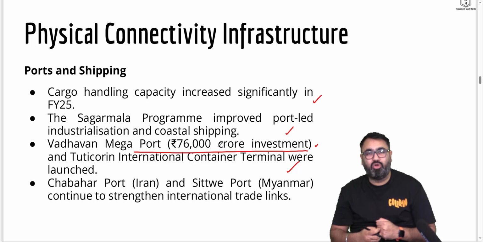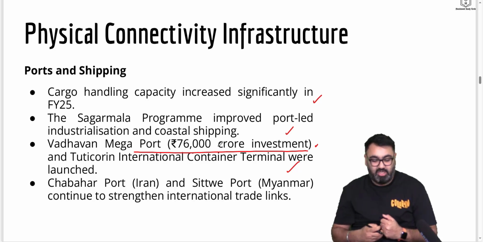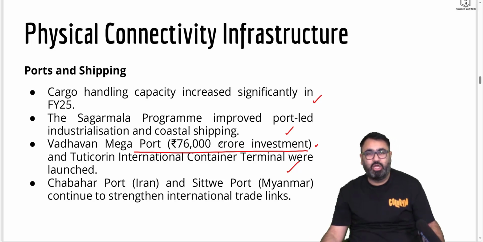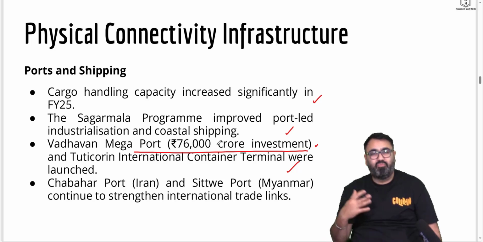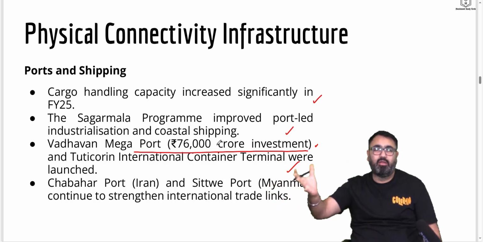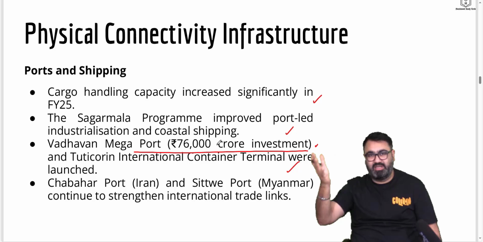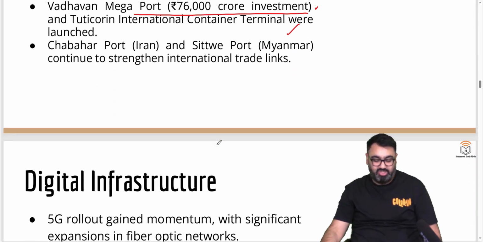The Chabar Port is operational. We are expanding the capacity, but the Chabar Port being operational also gives a good way for India to expand its footprint beyond India as well. As you know, Chabar Port gives us access to Central Asia. So we can bypass Pakistan, we can reach Central Asia through Iran. That is also a good sign.